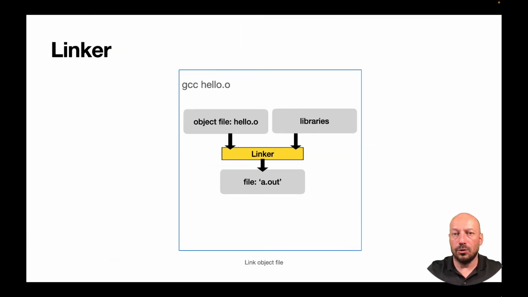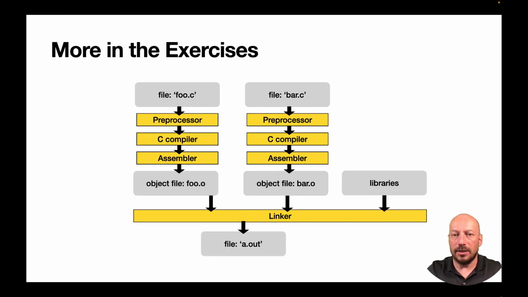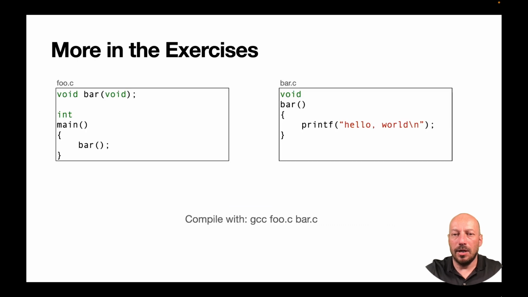You already saw how to link the object file with these libraries so that we finally get an executable, the Hello World program, that also contains this implementation of function printf. In the exercise, you will see some examples where we have, for example, more than just one C program, and then you also can observe this toolchain that is involved, and we can use some nice example to make clear why we actually also need this preprocessor, and in particular these include guards.